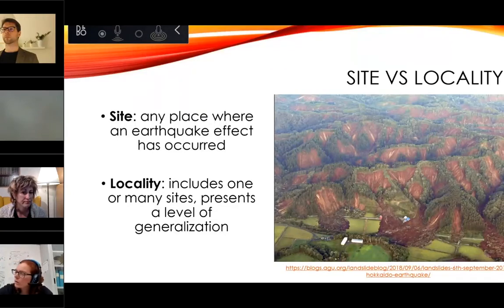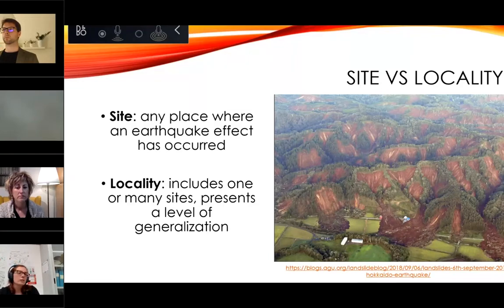Another important point I want to briefly mention is that in the ESI scale structure, there is a clear distinction between site and locality. Actually, this is not peculiar to this scale, but all macroseismic scales have this hierarchic structure, let's say.